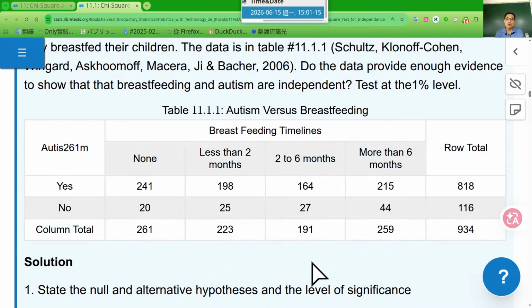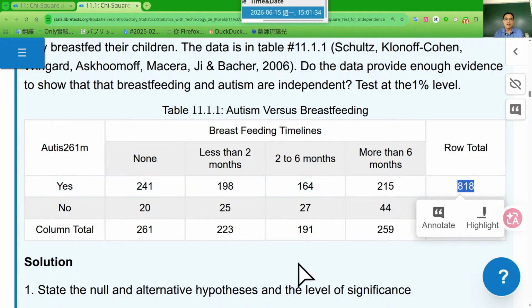Now we can check here. Autism yes: 241 plus 198 plus 164 plus 215, the total is 818.